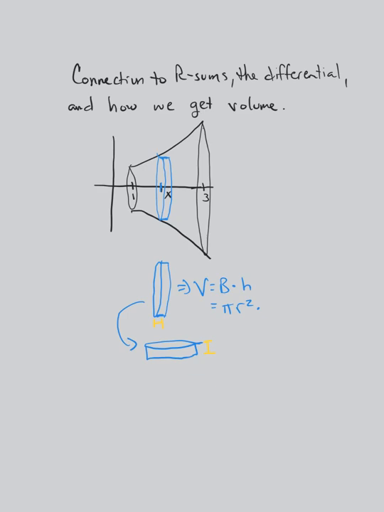If we're thinking about doing a Riemann sum, that height is going to be dx. And so there's your differential. The differential in that integral is actually what's giving you volume from the area. And so you're getting that pi f of x squared dx. That's actually a volume, like that. And we would call that, just to introduce you to some stuff.